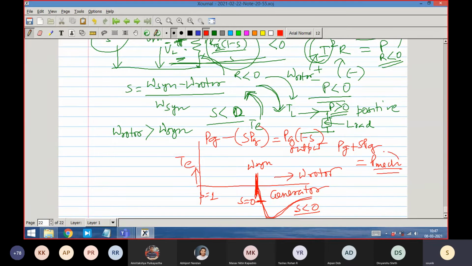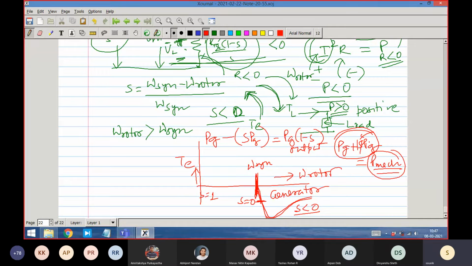Mechanical power will have to be more than this. Here I am taking S as just the magnitude. So again the loss is S Pg, and don't take negative here. Here it is magnitude S.